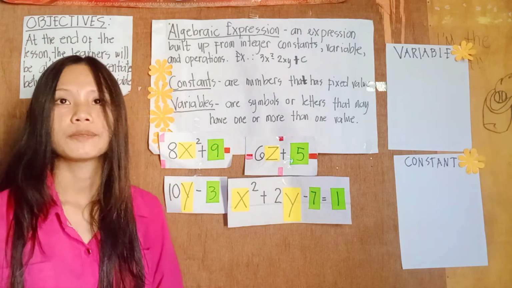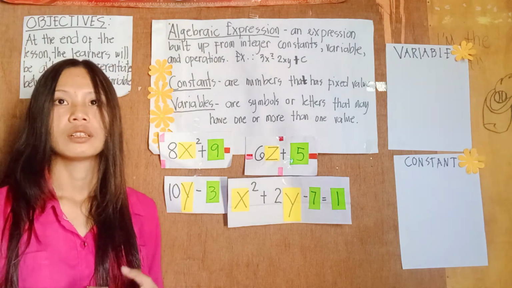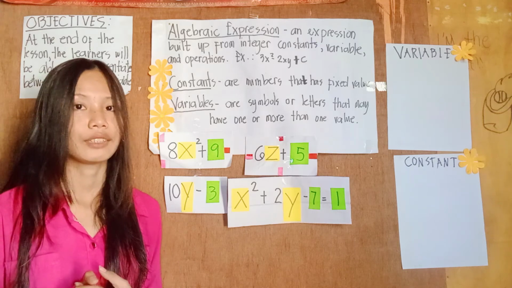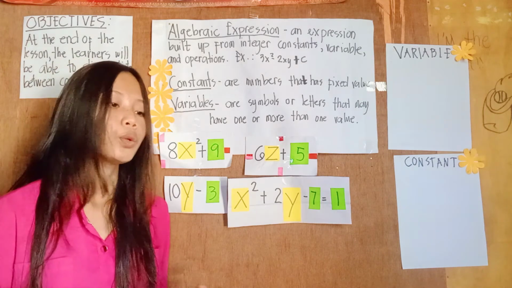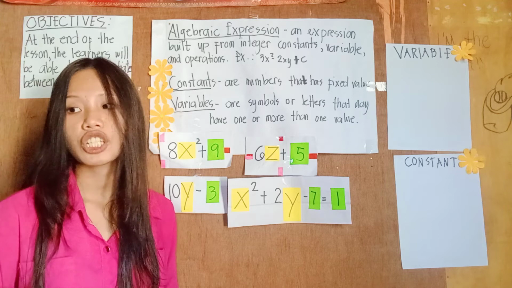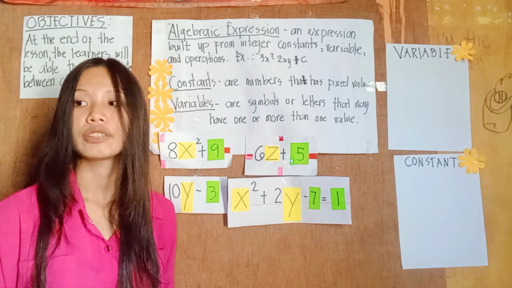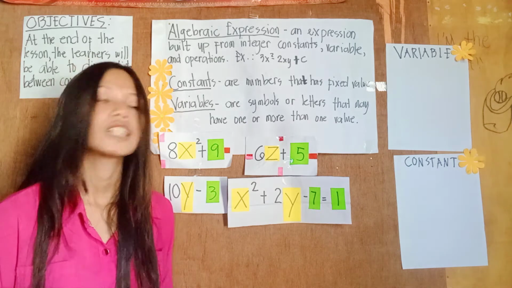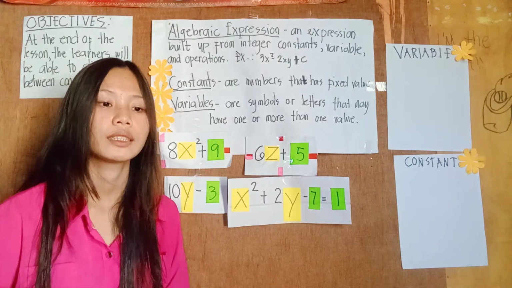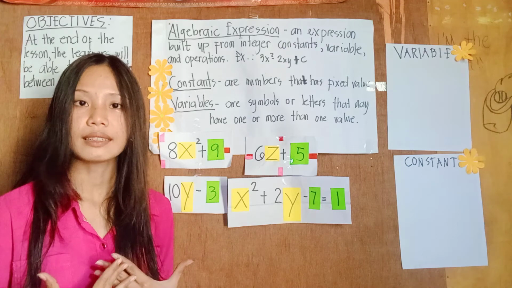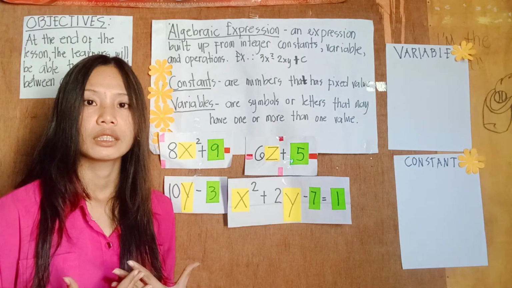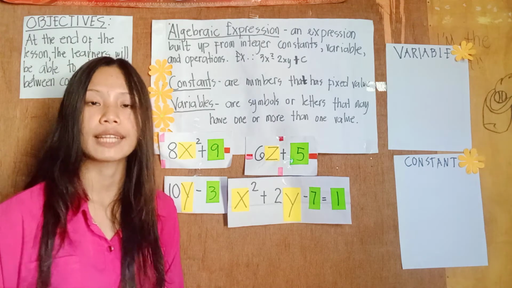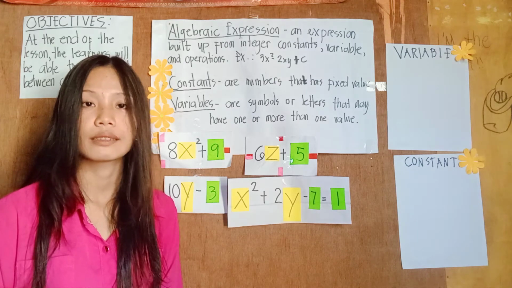But first, let's have an activity before that. So, within your worksheet again, I already gave you that activity. And the instruction says that I want you all first to divide into groups.